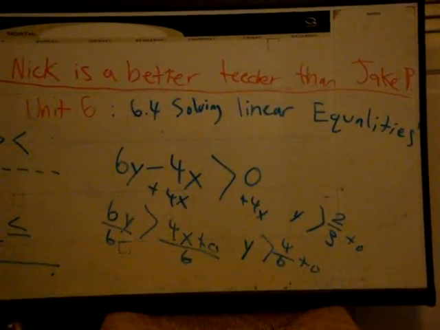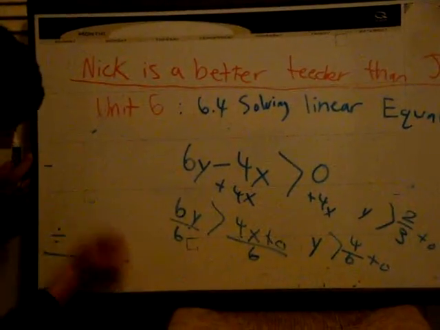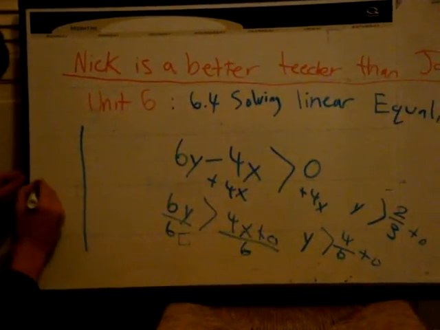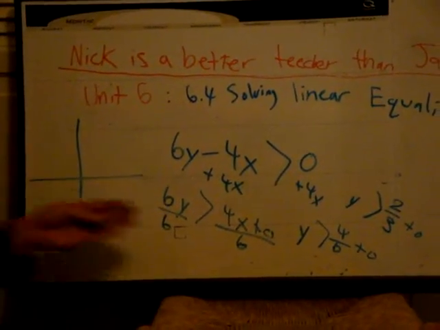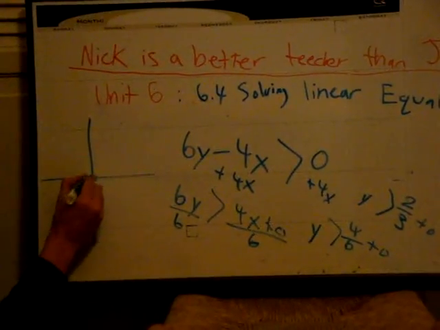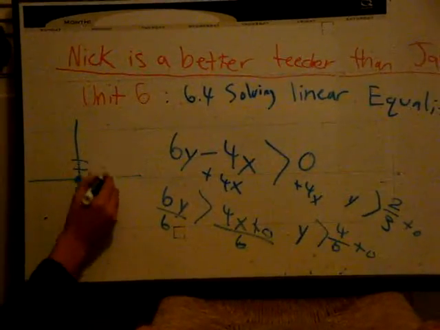So now we're going to graph. Here is our graph. We have our intercept at 0, then up 2 over 3, so up 1, 2, 3, over 3.